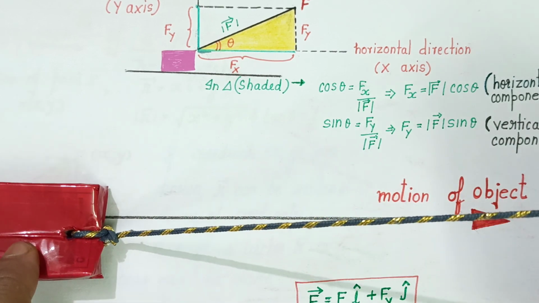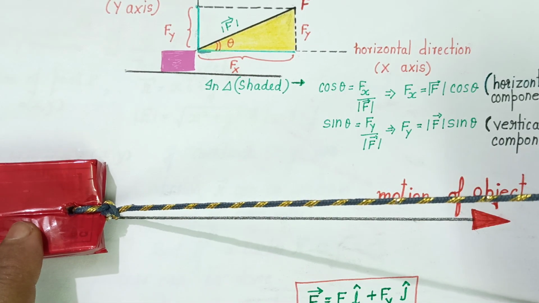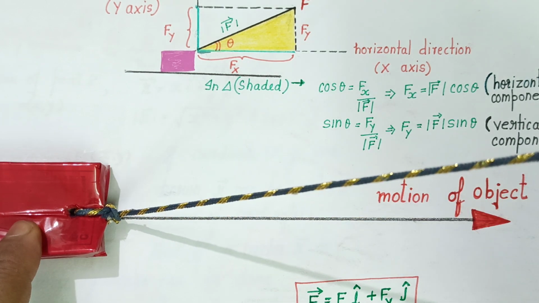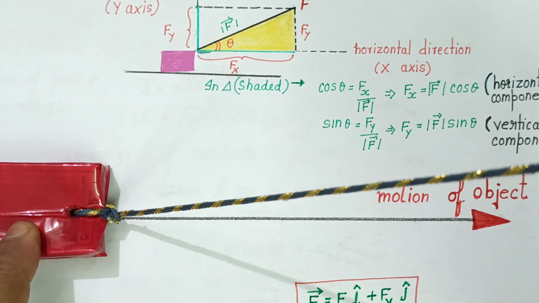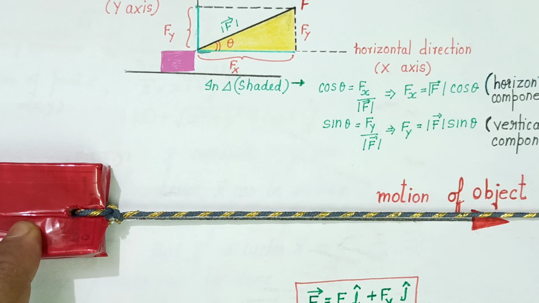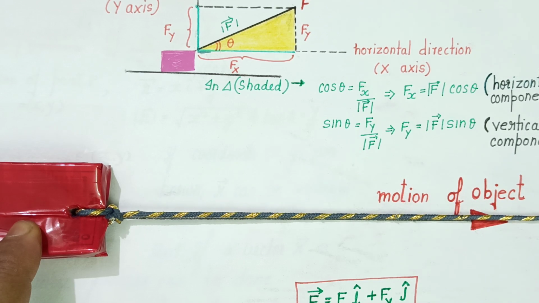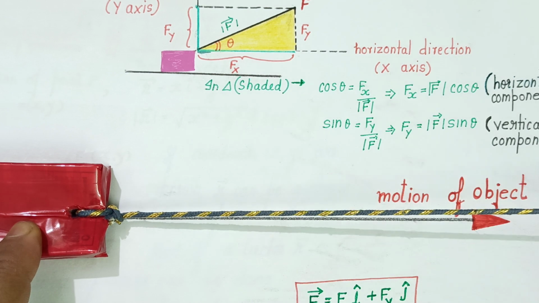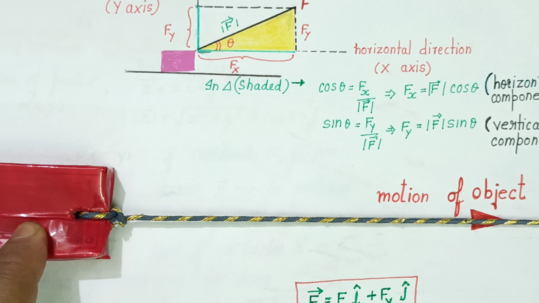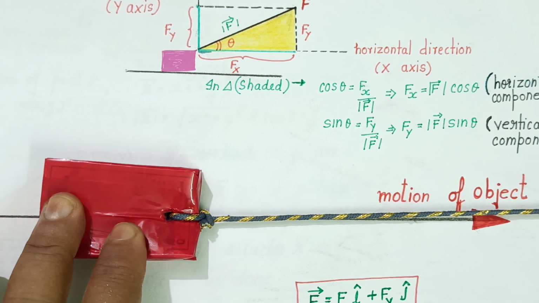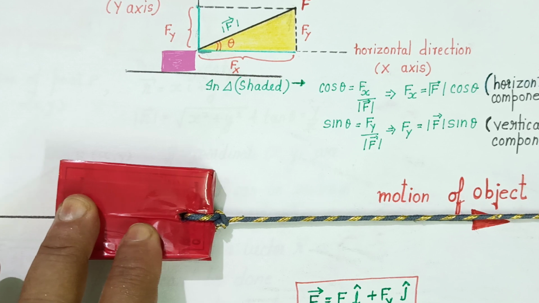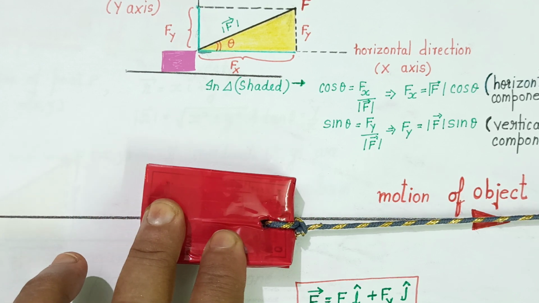Now pay attention. I am pulling this object along the length of the thread, and you can see that my thread is not horizontal. I am pulling this object at some angle, right? I can pull this object in horizontal direction also. Since my force is in horizontal direction, the object is moving in horizontal direction, easy.